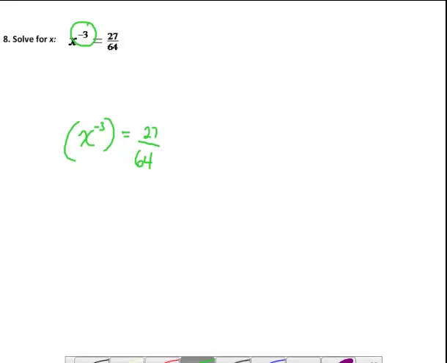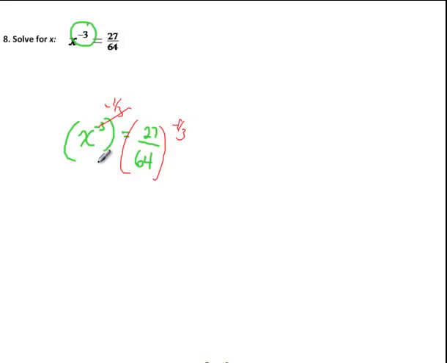The reciprocal is -1/3. So I'll raise all this to the -1/3. These cancel out, leaving me with x. 1/3 is fancy for cube root. What is the cube root of 27? 3. What is the cube root of 64? 4. But the negative tells me to flip this. So my answer is 4/3.